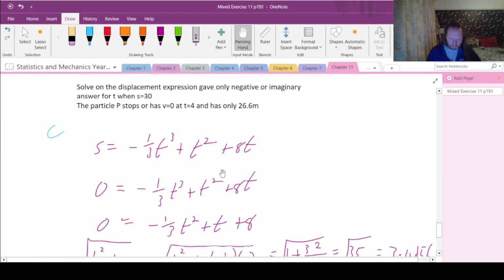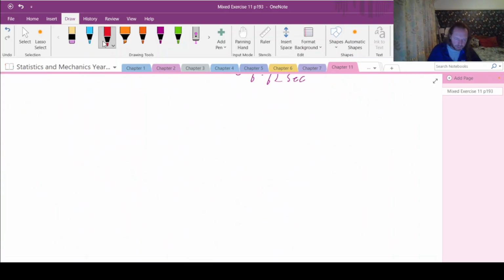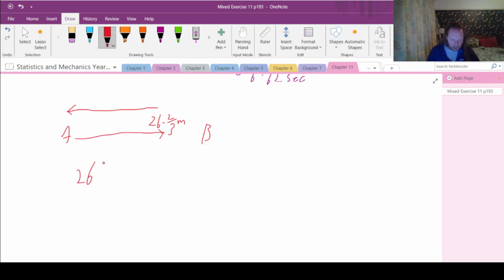So this particle between A and B has shot out to 26 2/3 meters, and then it has come back 26 2/3 meters. So 26 2/3 times 2 is 53 1/3 meters. Because it has come across and come back like that.